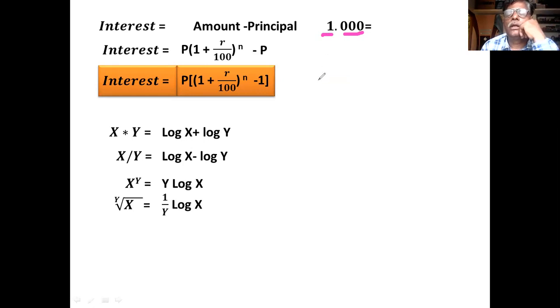Before the decimal point, there is only one number.